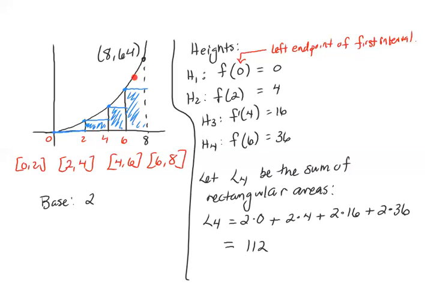It leaves out this part here and that part there and that part there that are a part of the region S. So we might call this an underestimate. It was found using the left endpoints, so we might call it a left sum.